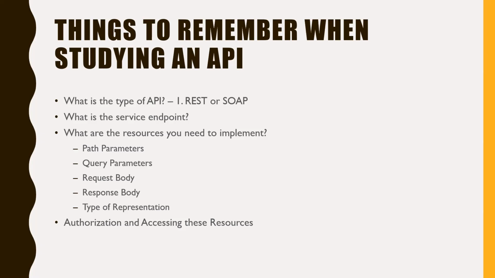For example, if you want to retrieve something from the cloud, it will be a GET HTTP request, which is what REST normally uses. Then you don't have to have a request body. You don't have to send anything as part of the body. There might be some query parameters, and you get a response and you have to analyze what type of representation it is. So this is how a simple GET request works on REST HTTP.